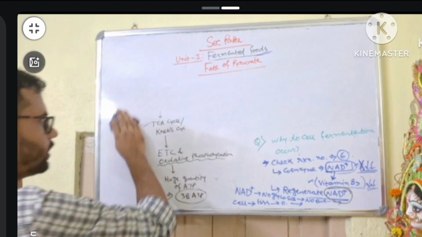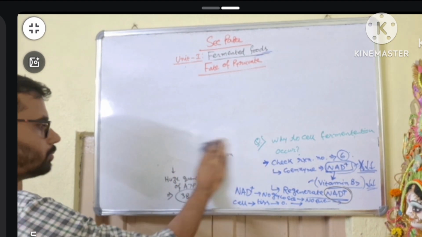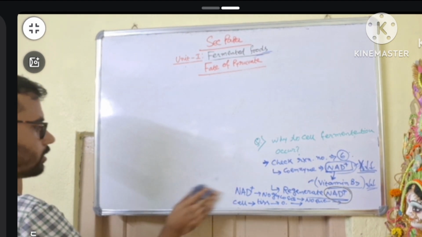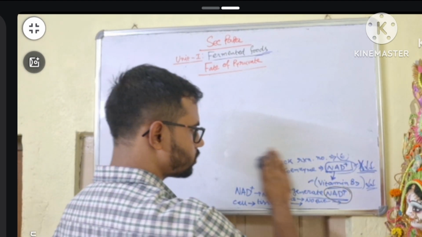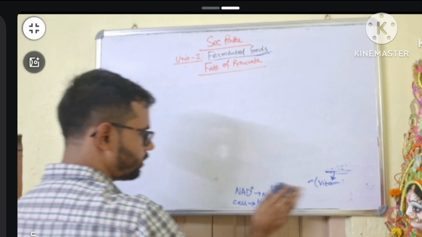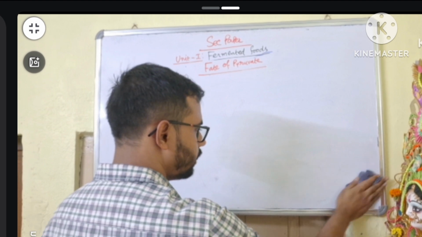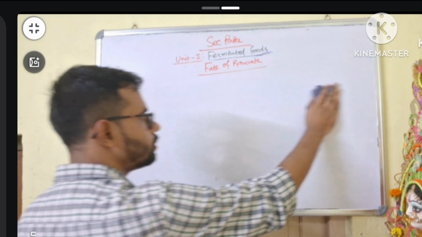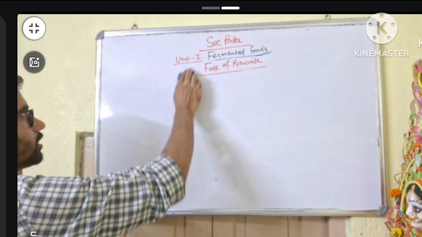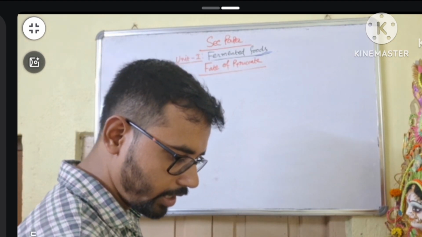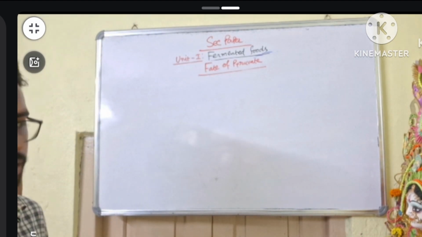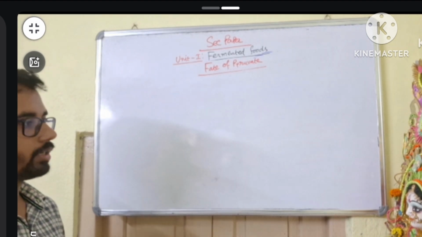NAD plus comes from vitamin B3, and vitamin B3 is always in limited concentration inside the cell. That's why NAD plus should be regenerated. So in fermentation, acids and alcohols are produced by bacteria or other organisms due to NAD plus regeneration, and this benefits humankind.